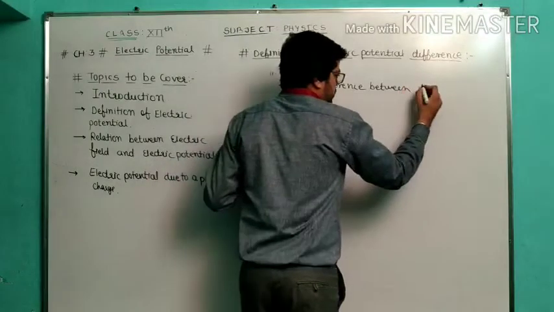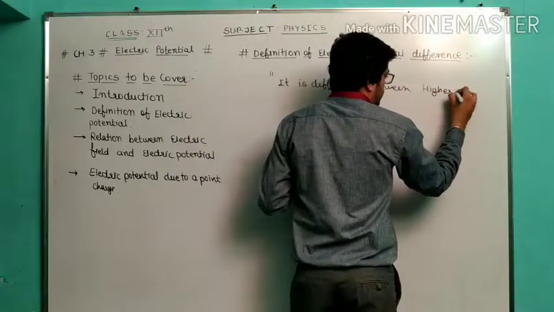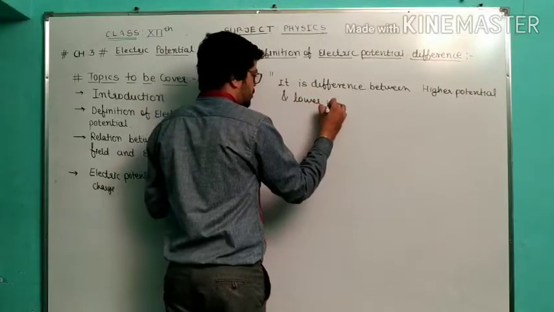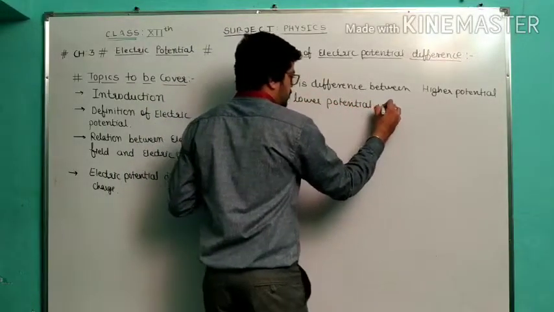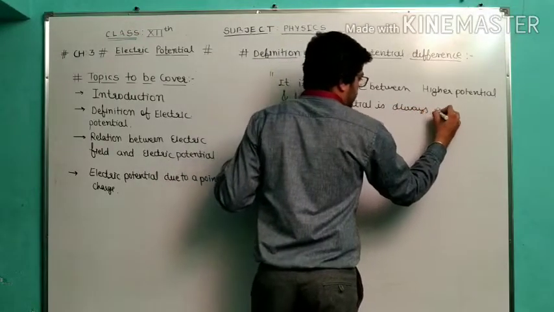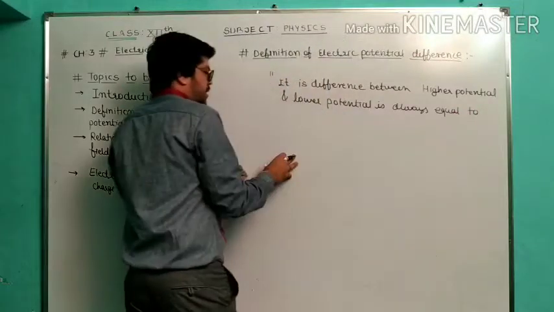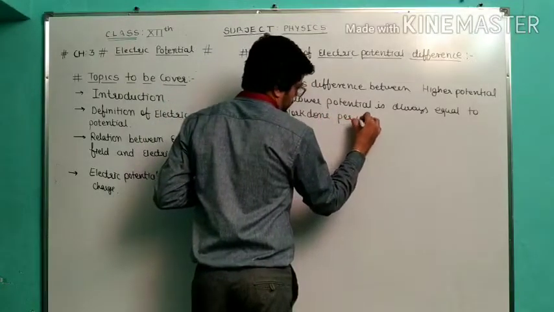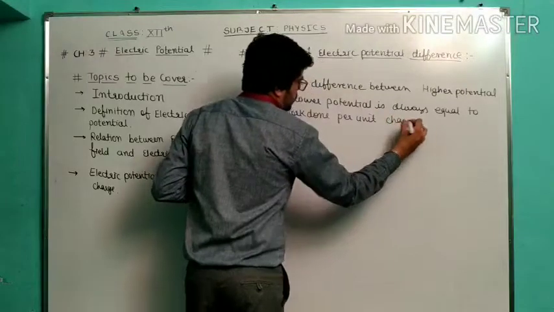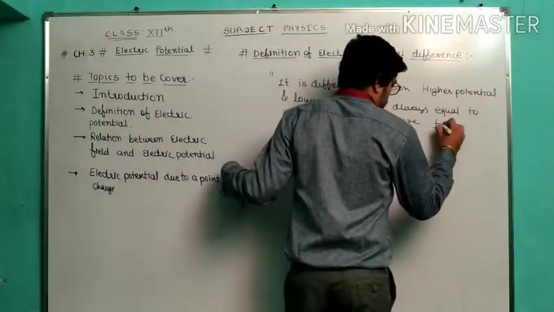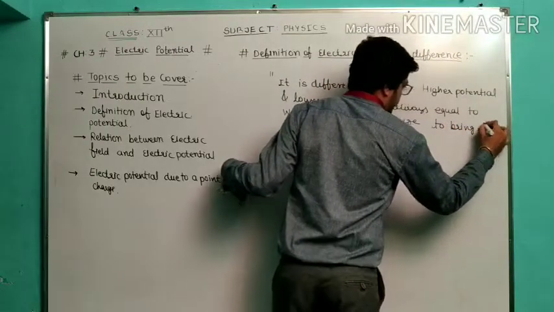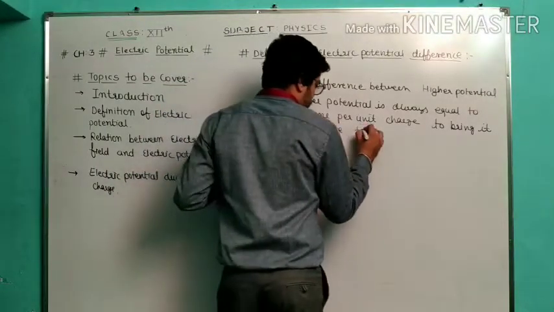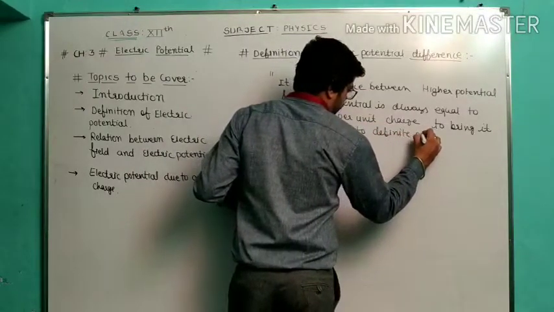So it is the difference between the higher potential and the lower potential, which is always equal to the work done per unit charge to bring it from infinite to definite position.